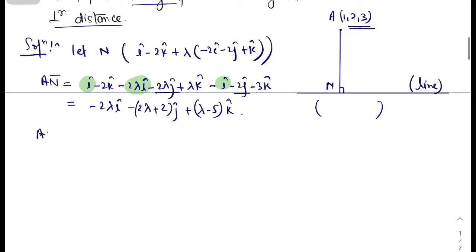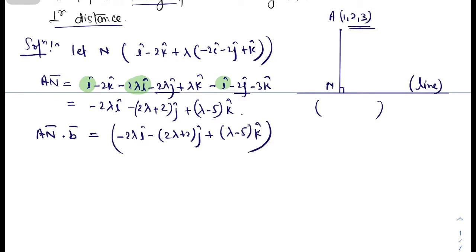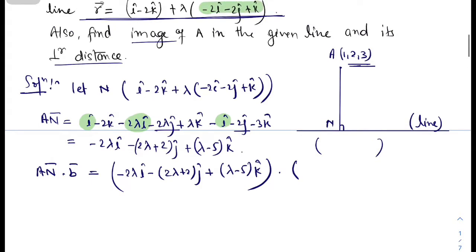We can consider the fact that this AN vector is clearly perpendicular to the line, and hence perpendicular to the parallel vector of the line, that is the b vector. So the dot product of these two vectors will be 0. So (minus 2 lambda i cap minus (2 lambda plus 2) j cap plus (lambda minus 5) k cap) dot with the b vector. The b vector is nothing but minus 2, minus 2, plus 1.